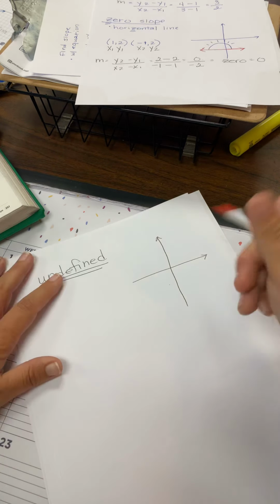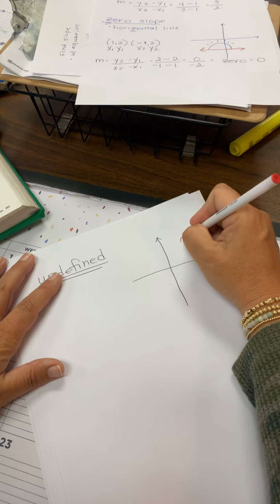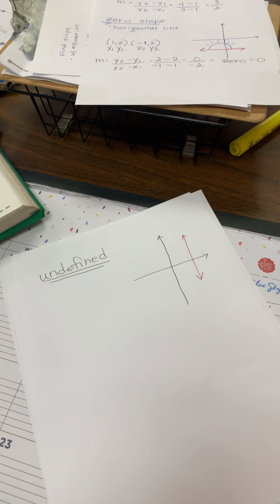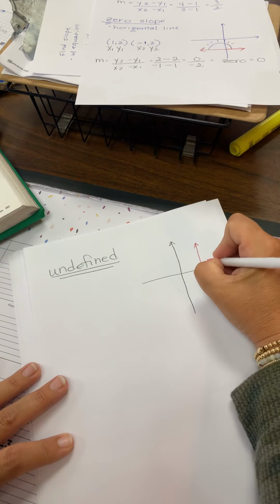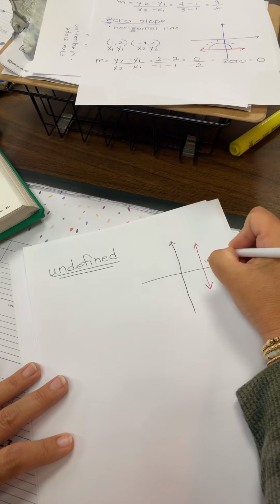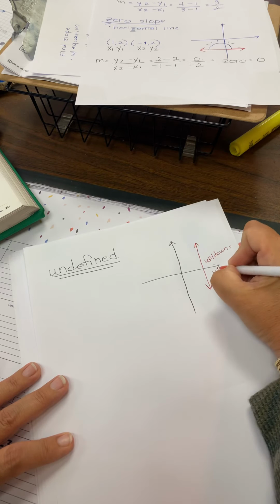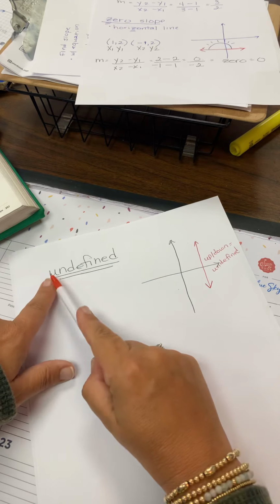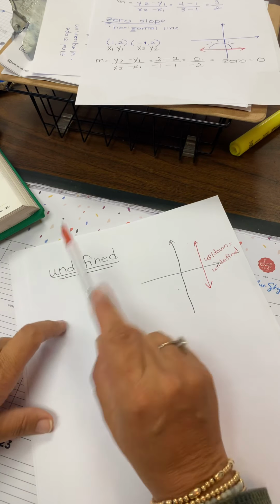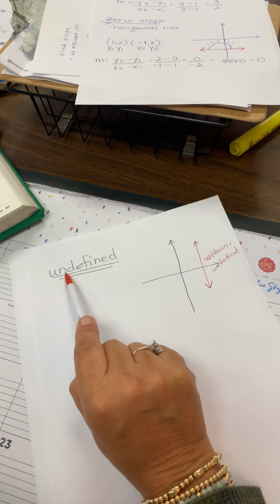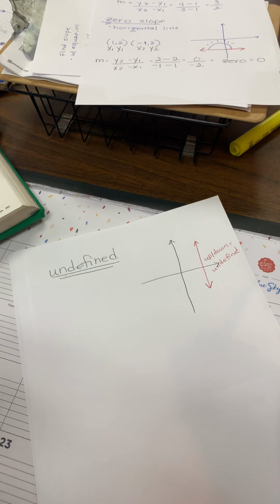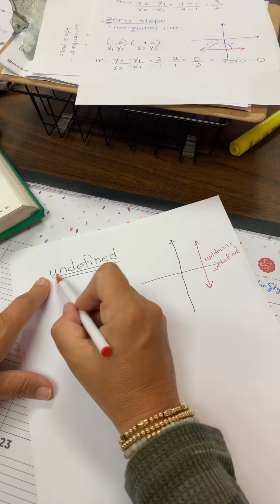So if you have a graph and you see a line that goes just up and down, that is undefined. Up and down equals undefined. And you know I have to have a rule for it. Look, up and down. If the line is going up and down, then it is undefined.